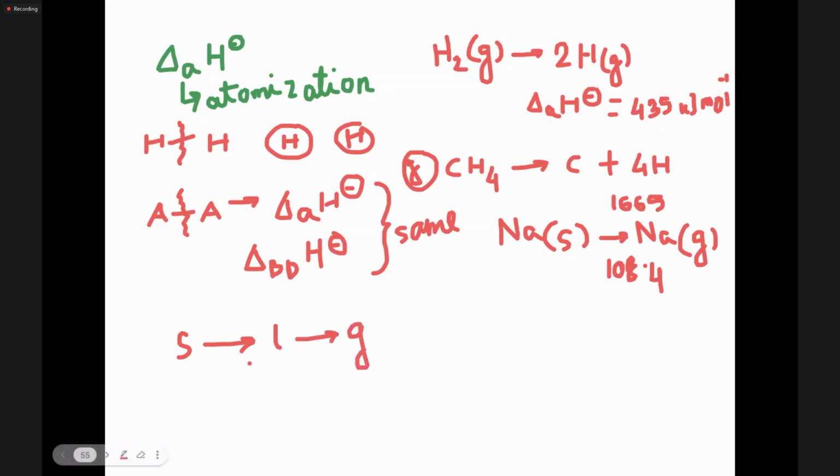If we go from solid to liquid, it is termed melting. If we go from liquid to gas, it is termed vaporization. If we come from gas to liquid, it is termed condensation.